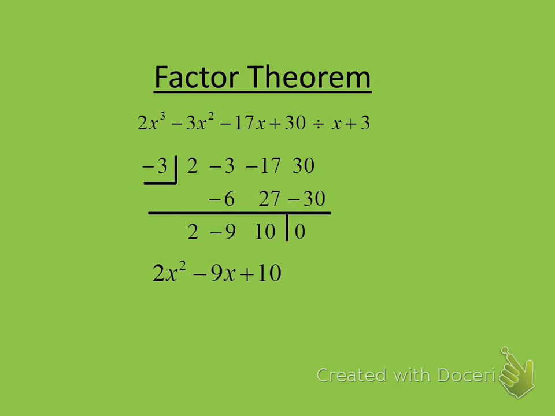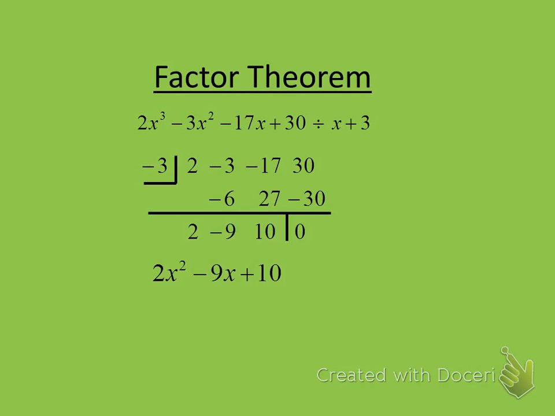Which means x plus 3 is a factor of 2x cubed minus 3x squared minus 17x plus 30. It's one of the parts that make up that polynomial. Make sense? What we're going to do is find the other parts.